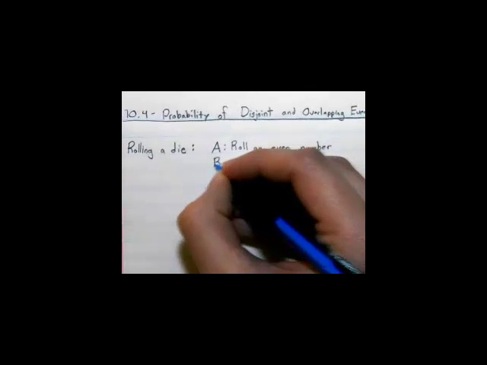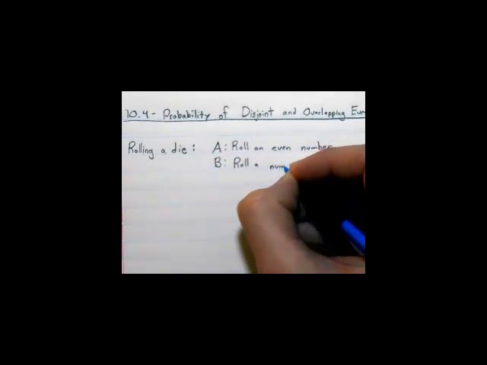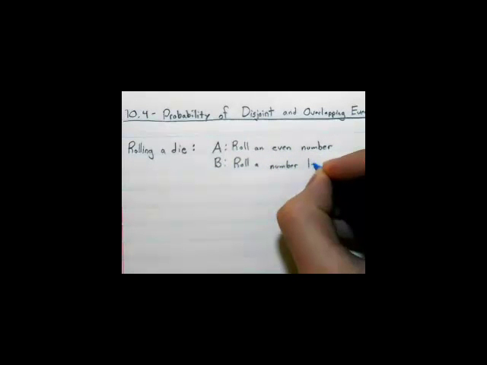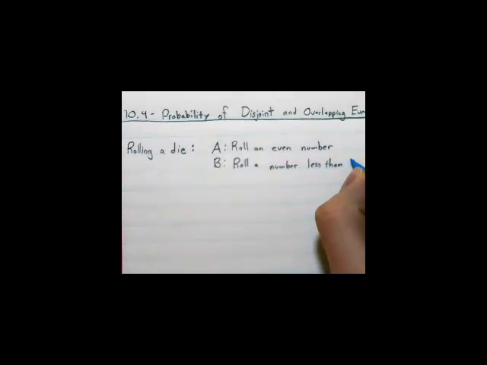And event B is you roll a number less than 3. Okay, and this is a regular 6-sided die, nothing special.